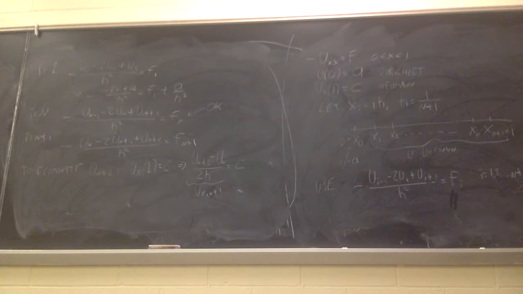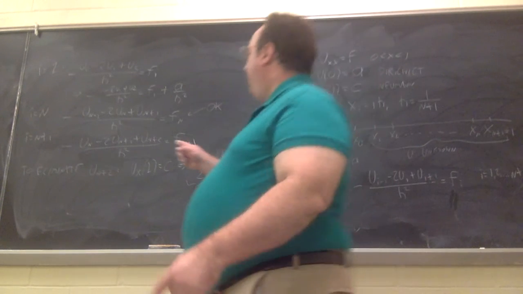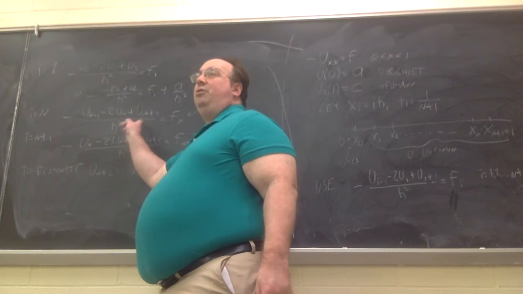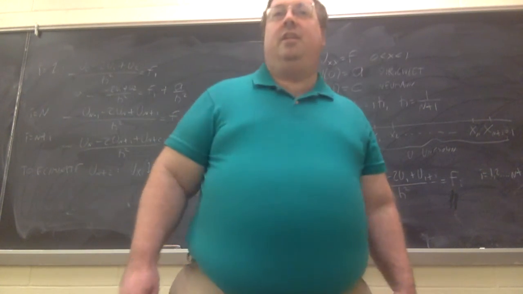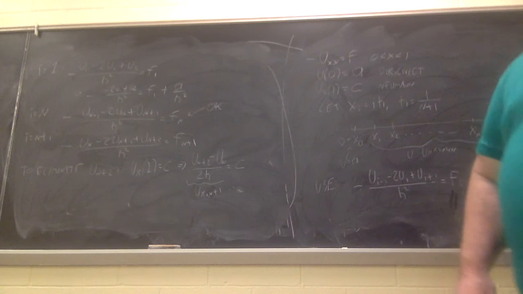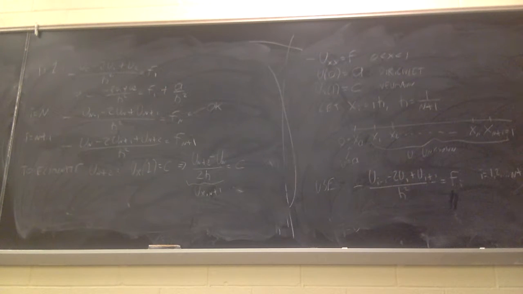Now, I had other choices. I could have used a forward or backward difference. I could have said un plus 2 minus un plus 1 over h equals c. But here's why I don't want to do that. Everywhere else, I'm using an approximation like this one. What's the order of accuracy of this one? Second. It's second order accurate, the center difference.